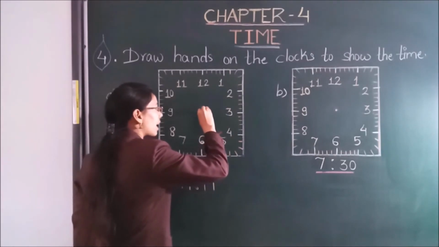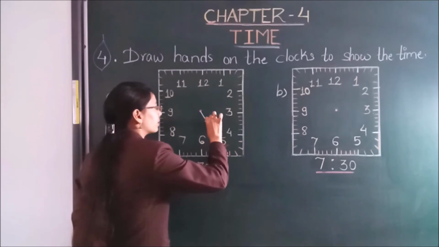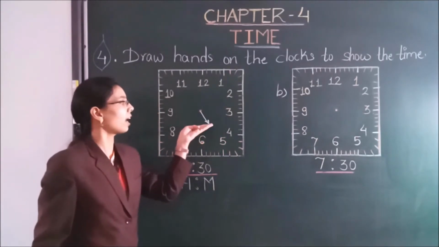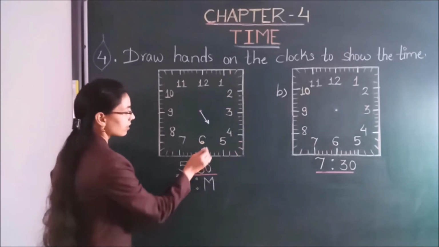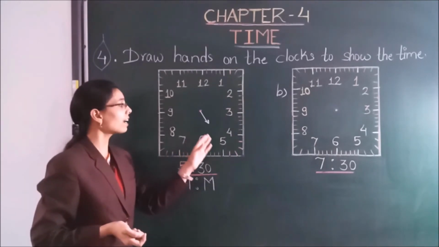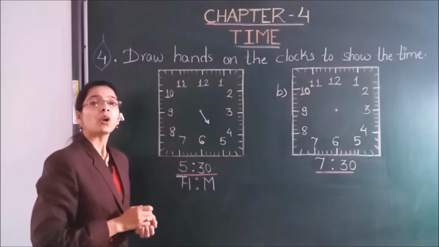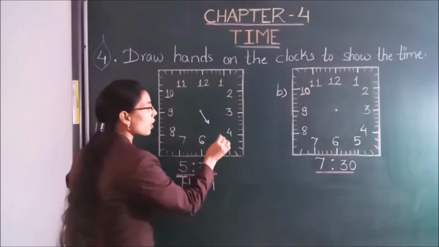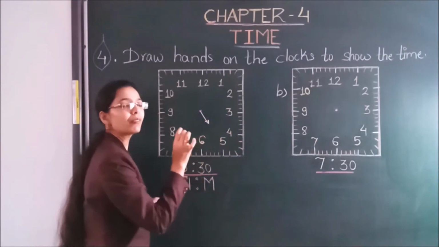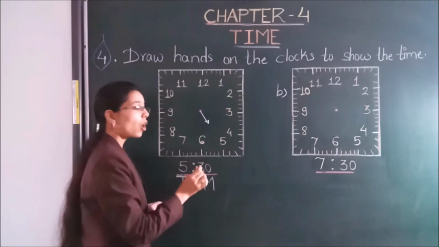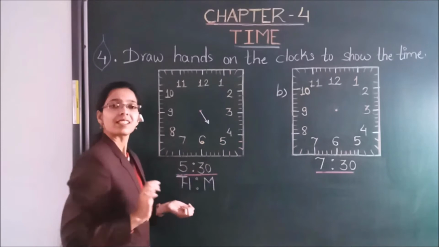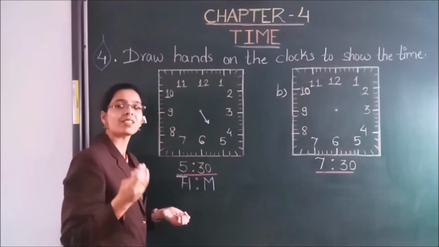So we will draw our hand here. Our hour hand is our smaller hand. Now this hour hand has crossed 5. Okay, so we will not draw exactly pointing to 5. We will draw between 5 and 6 because it has crossed 5.